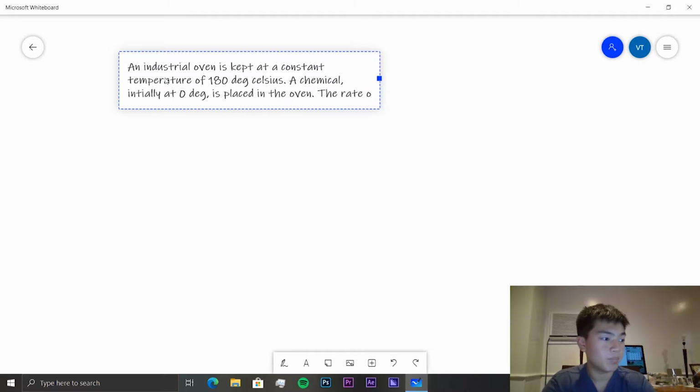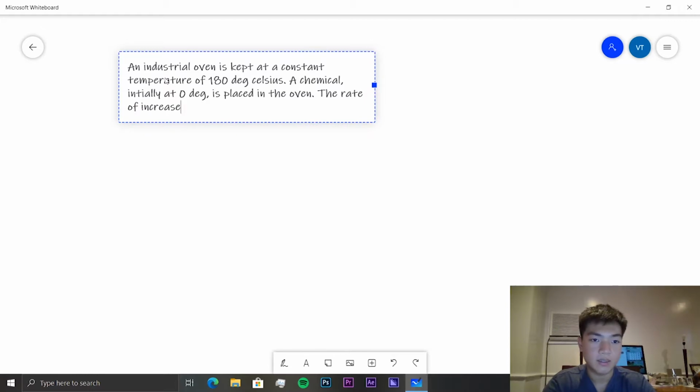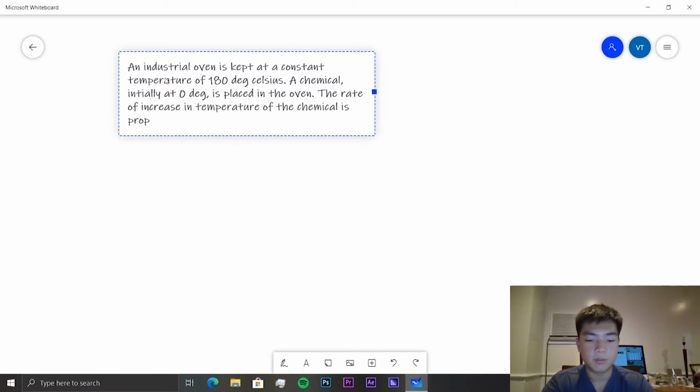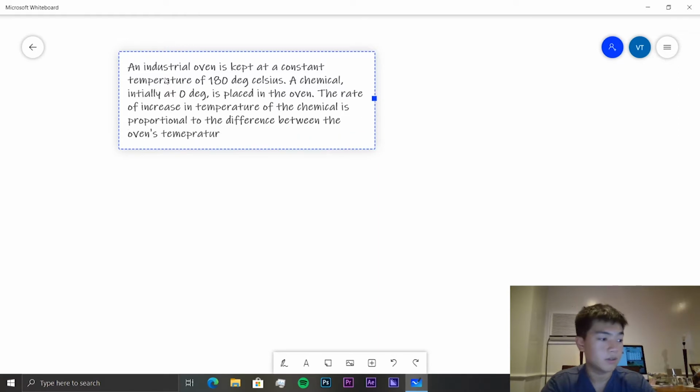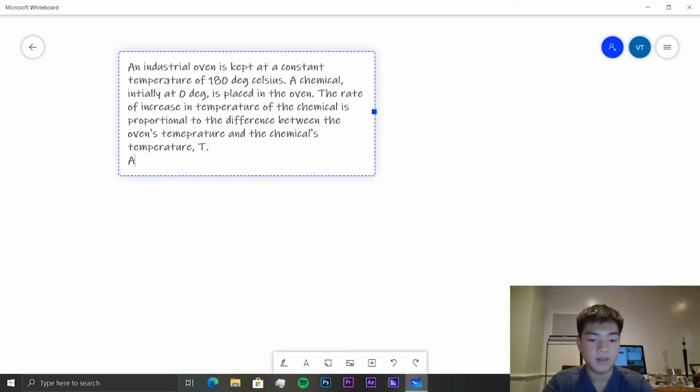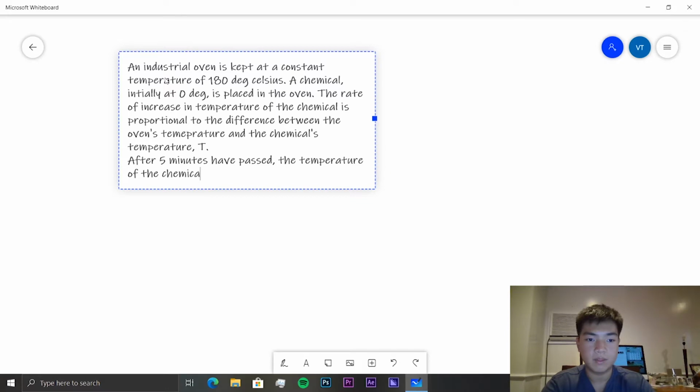The rate of increase in temperature of the chemical is proportional to the difference between the oven's temperature and the chemical's temperature, T. After 5 minutes have passed, the temperature of the chemical is 120 degrees Celsius.